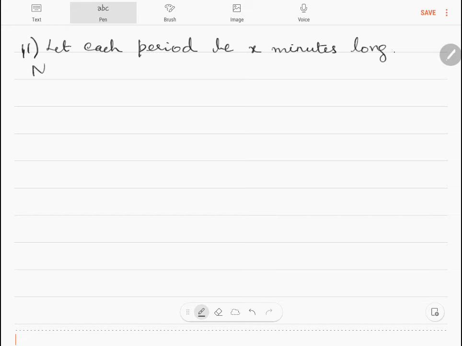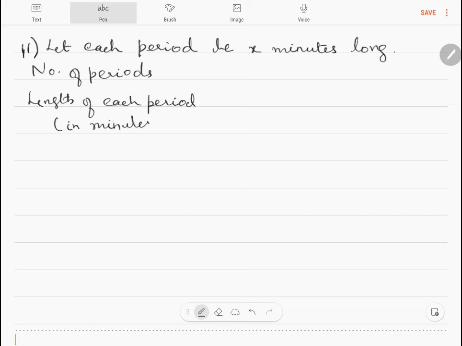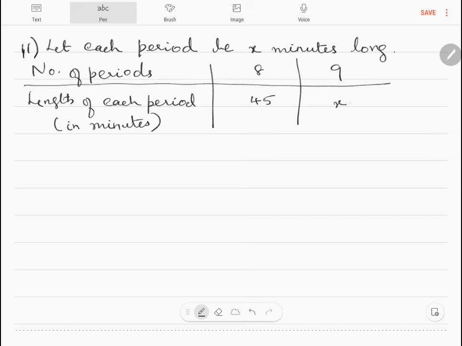We have the number of periods. This is the length of each period in minutes. So this is 8, this is 45. This is 9, this is X.